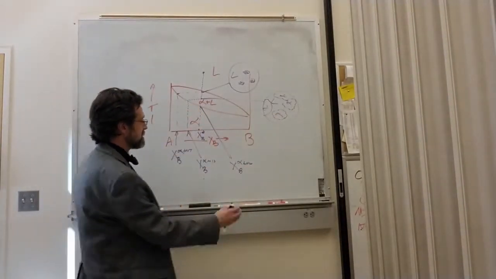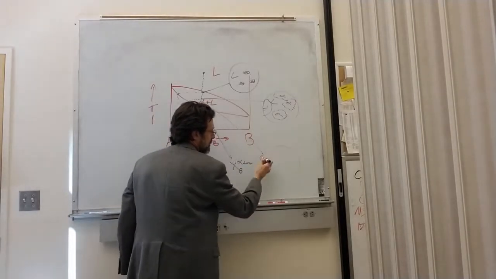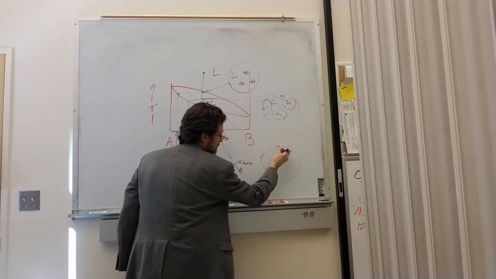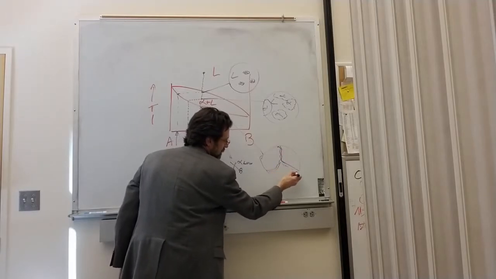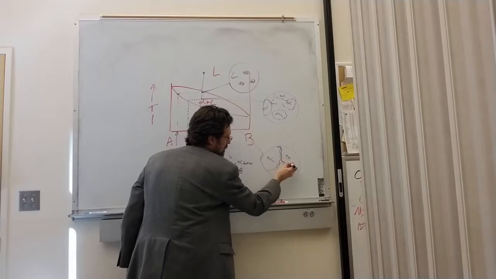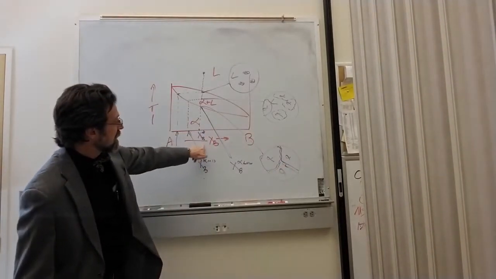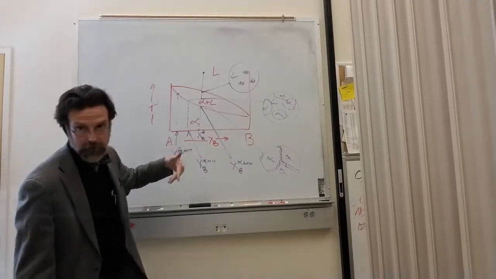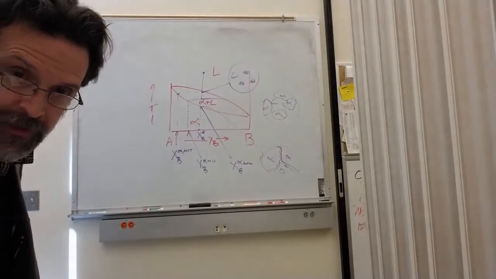And then lastly, at this point, we'll have something like this. And we might have a little bit of liquid kind of in the phase boundaries here. But it's almost all alpha, and it has this composition, XB low or XB star. That's an equilibrium.